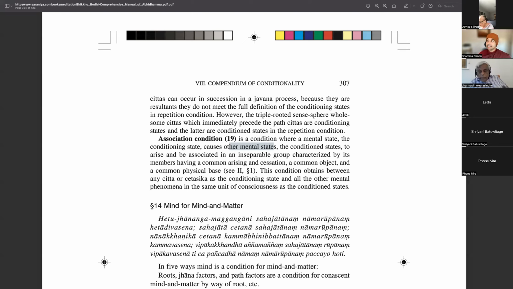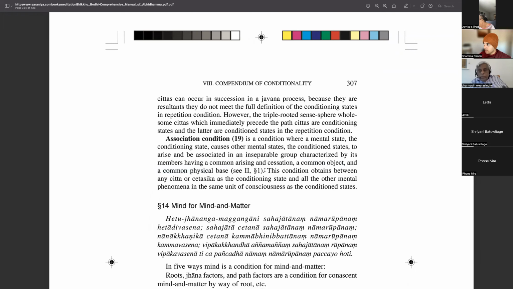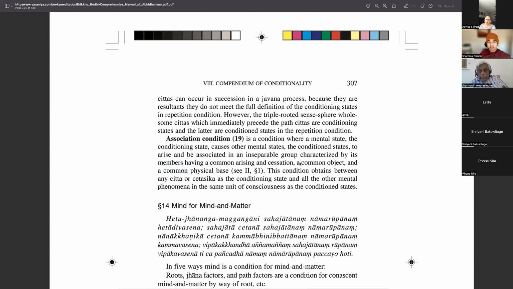So we have taken 89 chittas and 52 chetasikas mutually supporting one another in both the conditioning and the conditioned, because they arise having common arising and cessation, a common object, a common physical base.